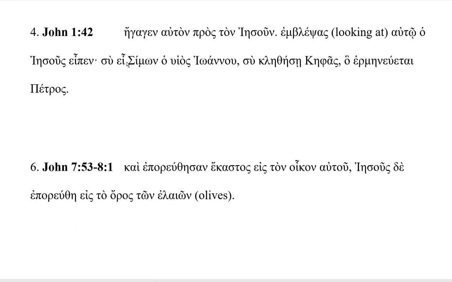Well, so we see Simon and Petros, Simon and Peter. So we might figure out that it has something to do with the Apostle Peter. This was actually before he was an apostle. So let's take a look at what's going on here.